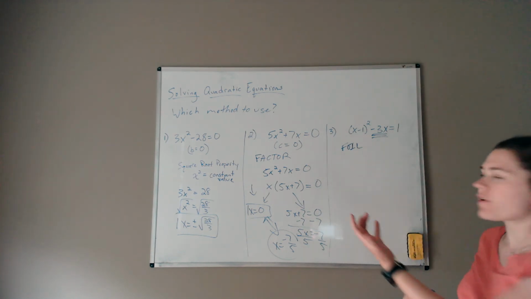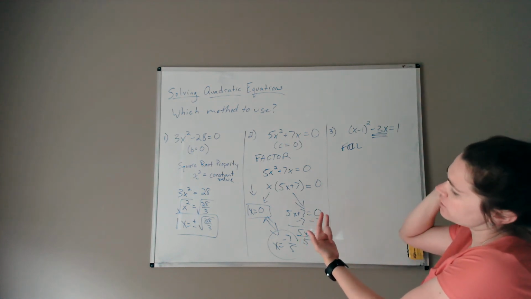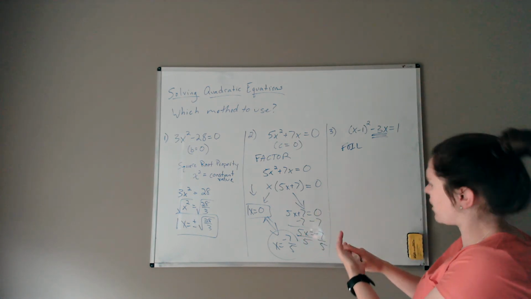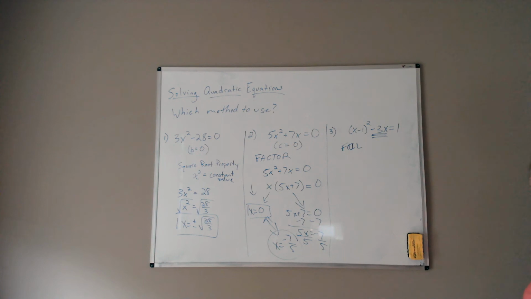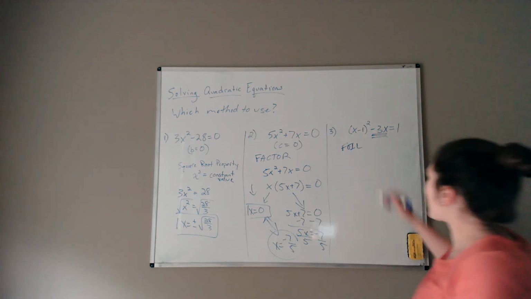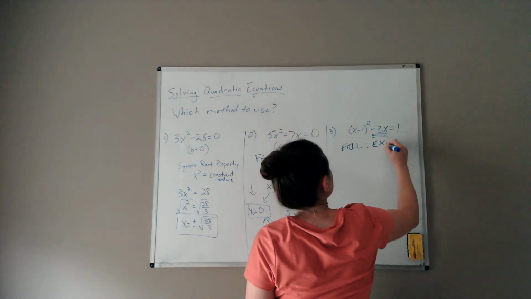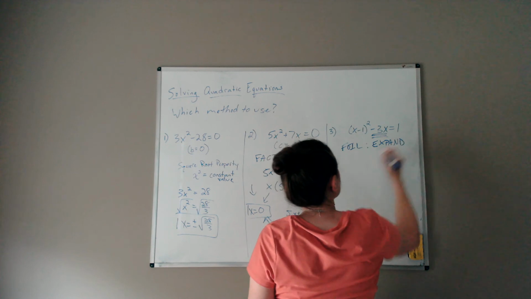Your only other options are to try and factor, complete the square, or use the quadratic formula. The problem is you can't use the quadratic formula yet because you don't see all of your terms. Same thing, you could complete the square if you wanted to, but you can't see all of your terms yet. So you have to expand this.